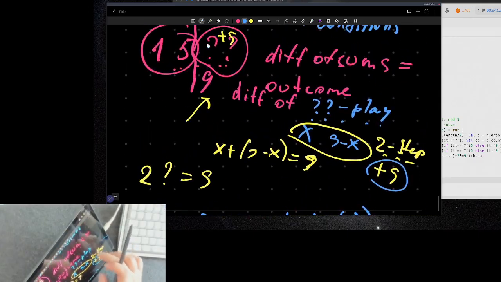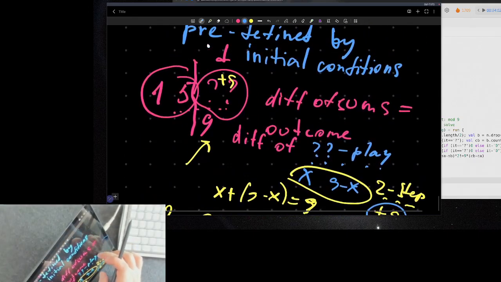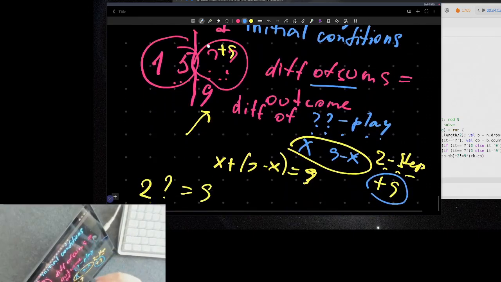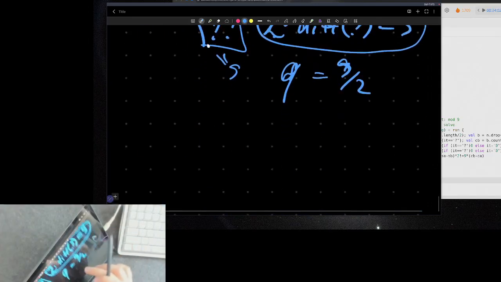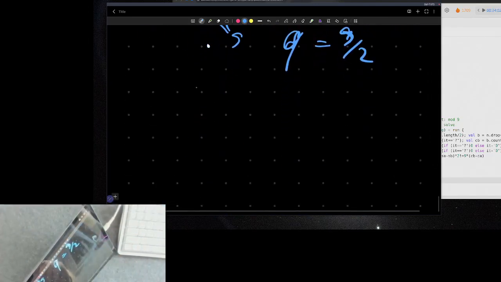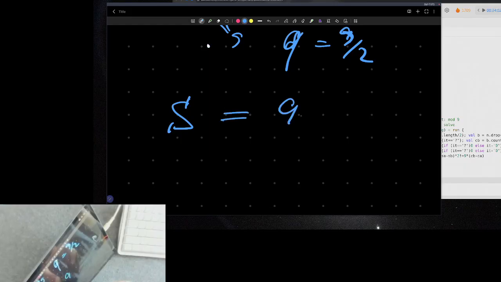And we can say that the difference of sums, call it D, is equal to the difference of question marks Q times 9 divided by 2.